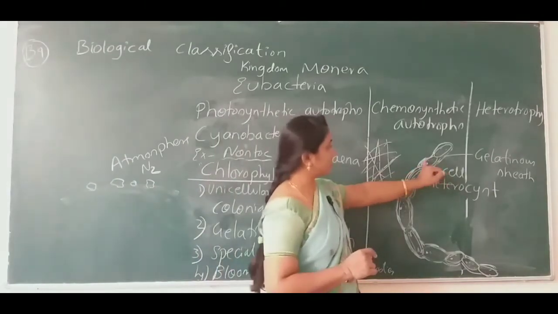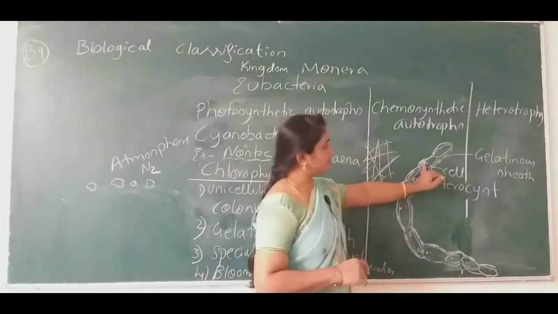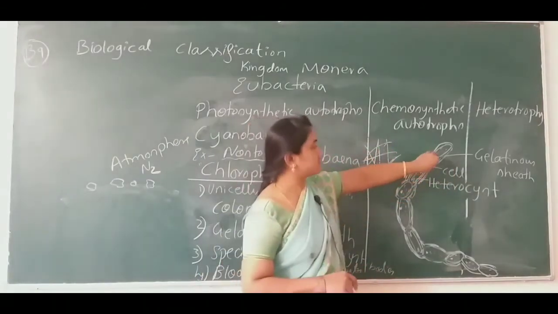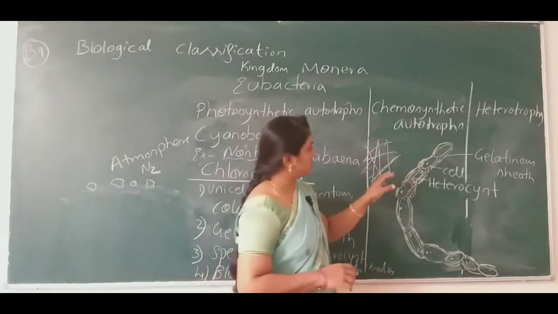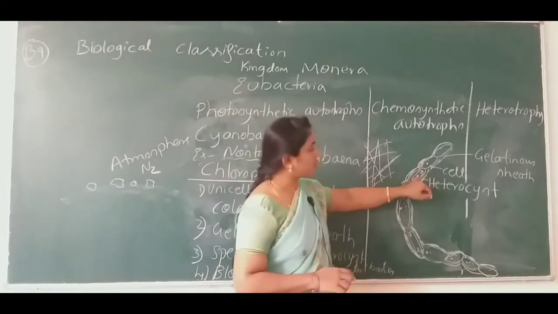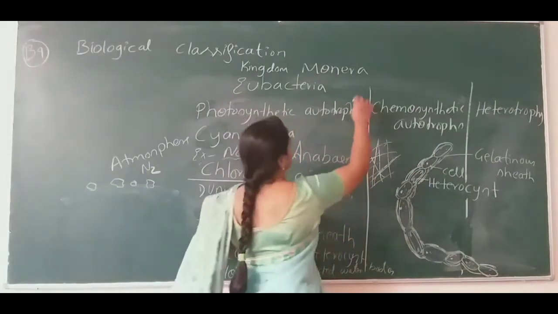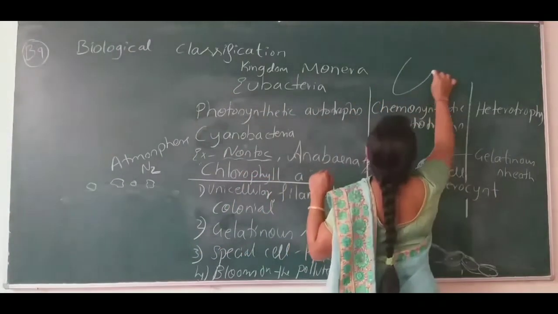These are the cells, and the cell will have cytoplasm and nucleoid, so the cell organelles will be present. Here a horseshoe-shaped one cell is present like this. Let me draw here. So this is one cell.